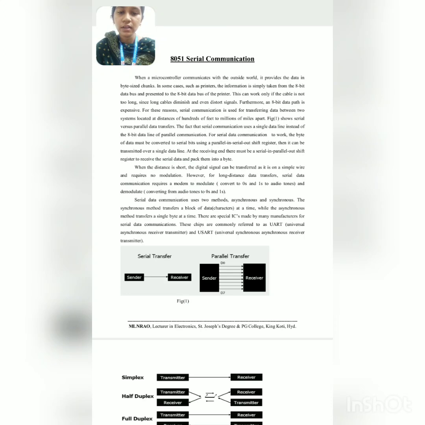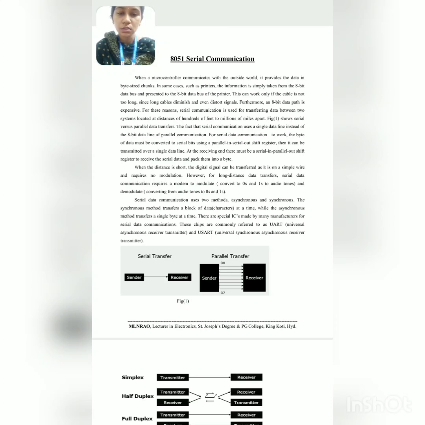However, for long distance data transfers, serial data communication requires a modem to modulate, converting 0s and 1s to audio tones, and demodulate, converting from audio tones to 0s and 1s. Serial data communication uses two methods, asynchronous and synchronous.